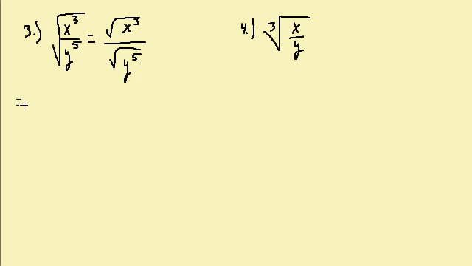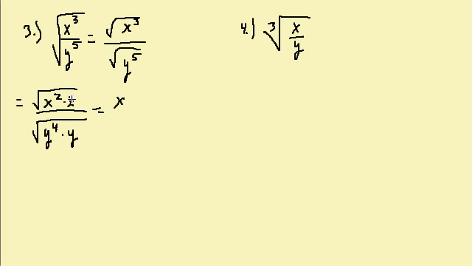So the square root of x cubed, I can rewrite x cubed as x squared times x over, and then y to the 5th, I can write as y to the 4th times y. So this gives me the square root of x squared is x.